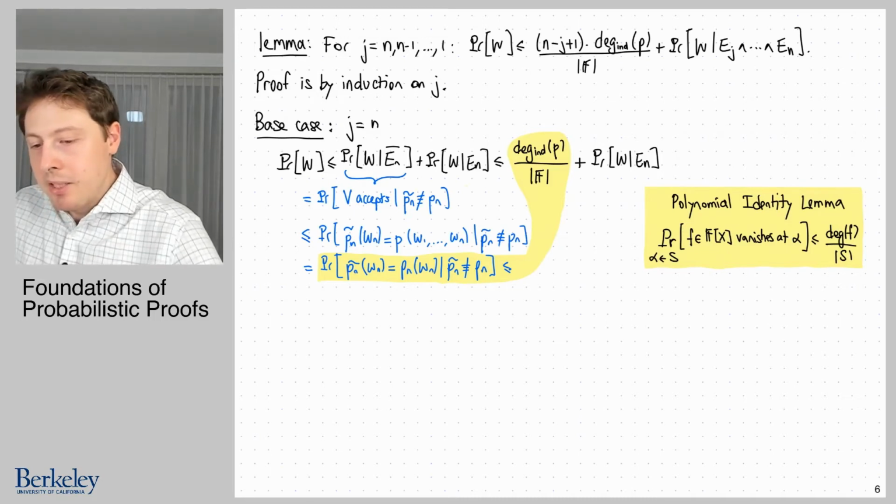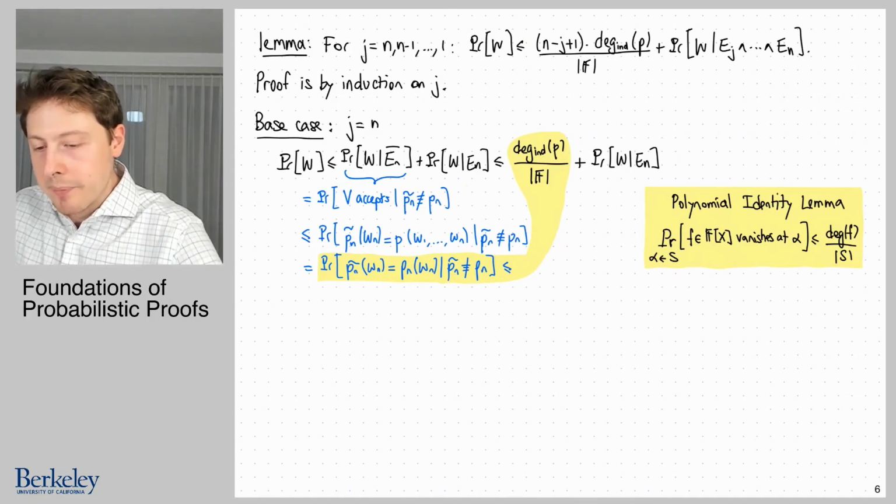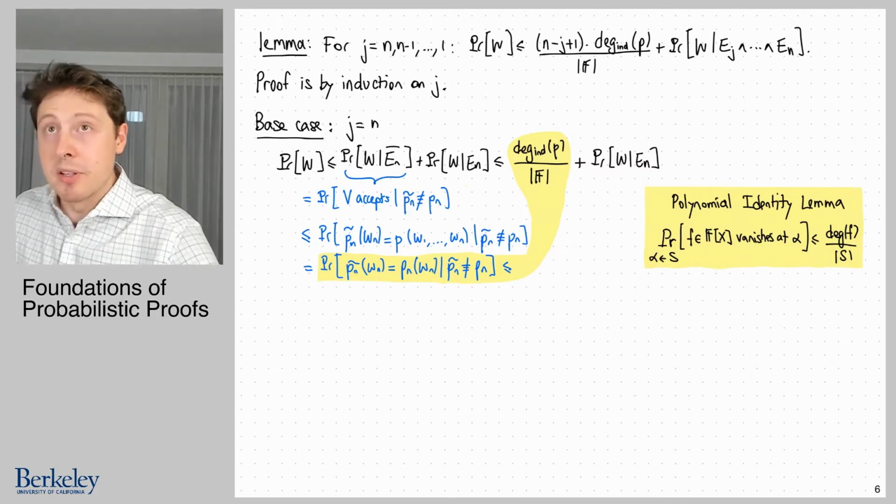And basically, in the univariate case, it's very simple, and for now we just need it in the univariate case. It just says that, look, if you pick a random point from a set and evaluate a polynomial at it, then the probability that it vanishes is bounded by the degree over the size of the set. Why?